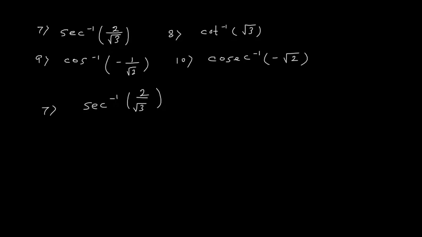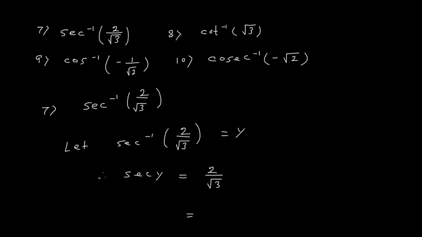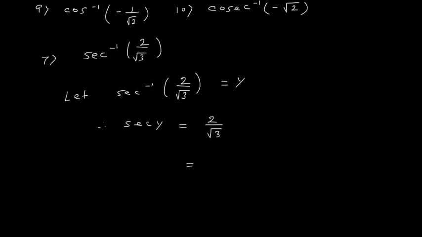We say let sec inverse 2 upon root 3 is equals to y. So therefore I get sec y as 2 upon root 3. Now sec y is 2 upon root 3. We know that cos 30 degree is root 3 by 2.